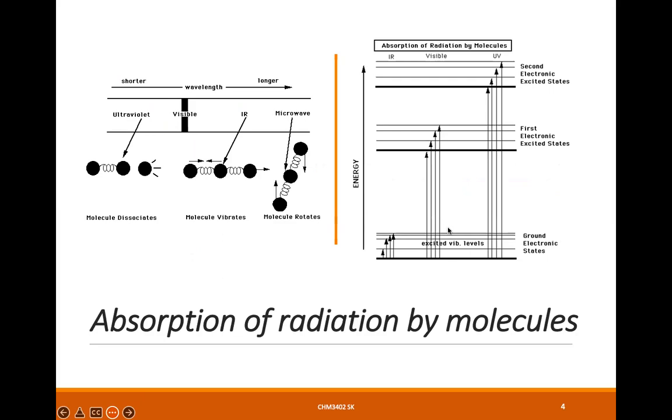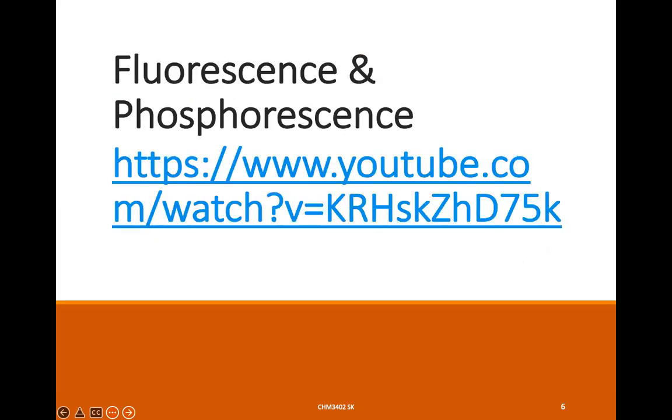Yeah? So of course, the energy difference here is lower compared to the energy difference between electronic excited states. Okay, next one. This one, I will give you the revised version of the slides.